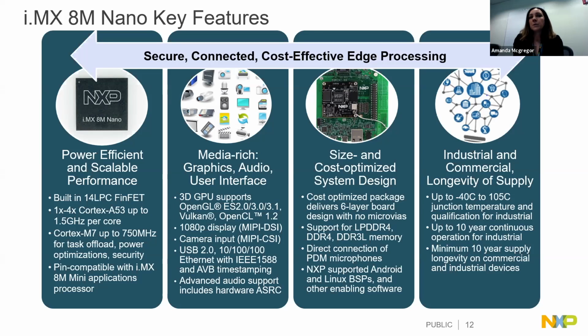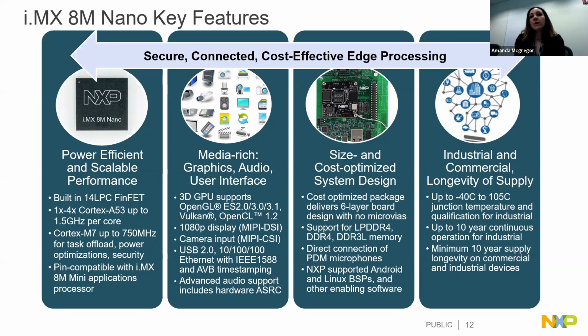And why those are important is as you move towards newer versions of Android requiring Vulkan and OpenGLES 3.1, having those hardware capabilities is going to be necessary for you to drive the type of HMI you want and need if you're running Android. So it's really future proofing for HMI applications.